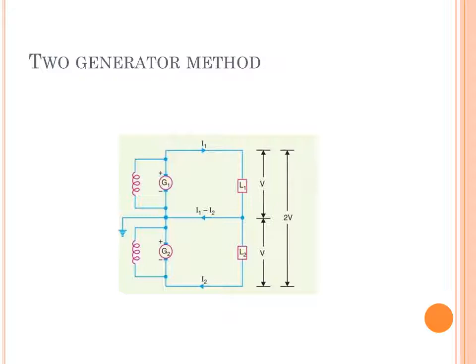One generator with respect to the common ground will possess potential V, and the other connected with the common ground will also possess potential V. So total potential can be obtained up to 2 times the voltage.